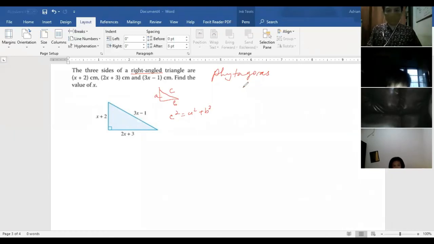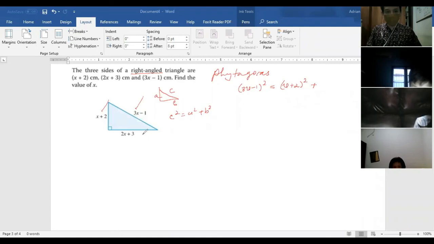Okay, listen. So how? 3x minus 1 squared, right? Equals x plus 2 squared, right, plus here 2x plus 3 squared, right?